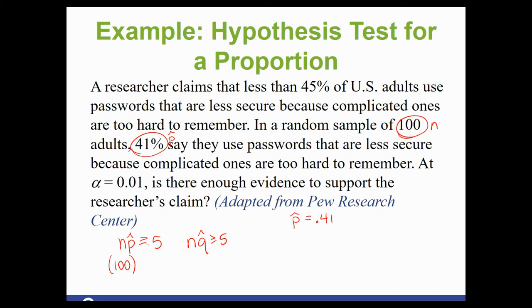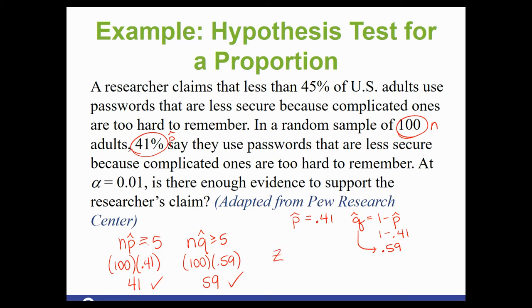So 100 times 41% gives us 41. It is greater than or equal to 5, so we're good there. Q hat, you can find by doing 1 minus p hat. So 1 minus 0.41 gives us 0.59 for q hat. If we take our sample size 100 times our q hat, we get the number 59, which is also greater than or equal to 5.